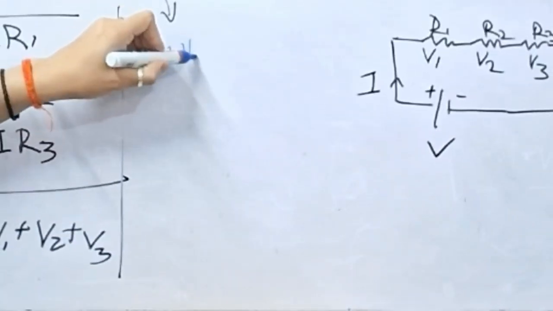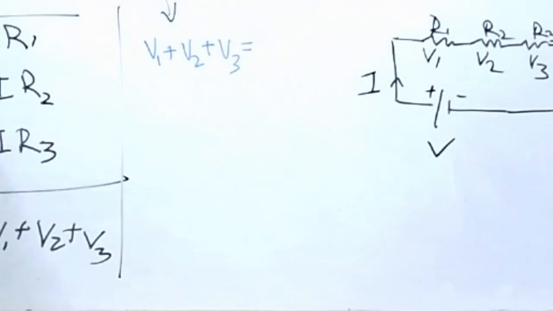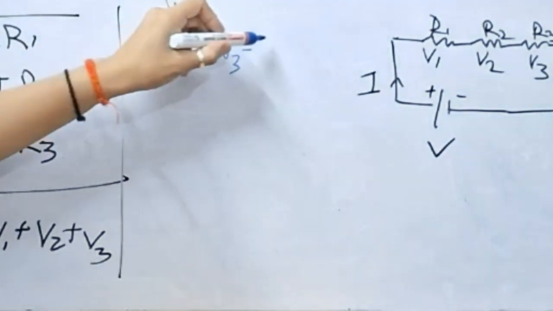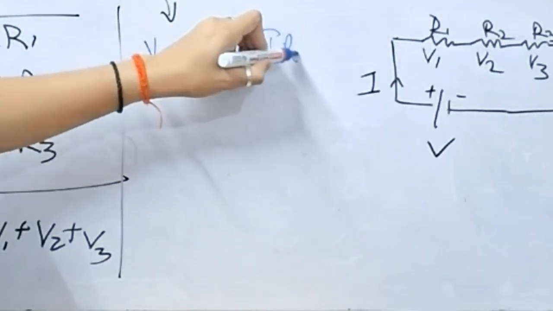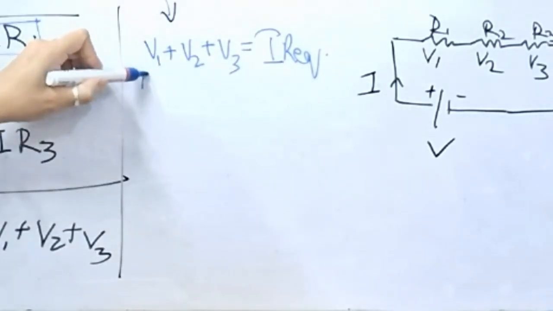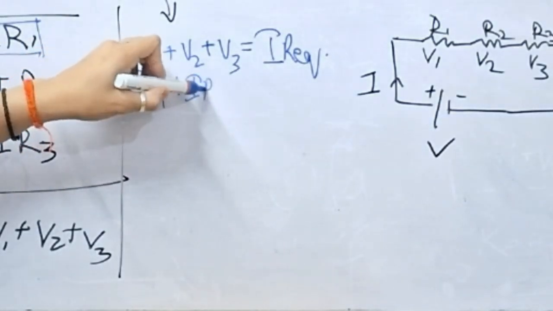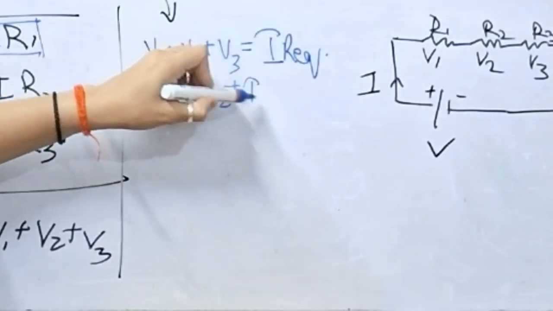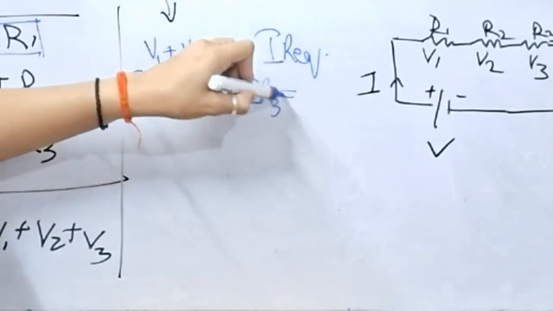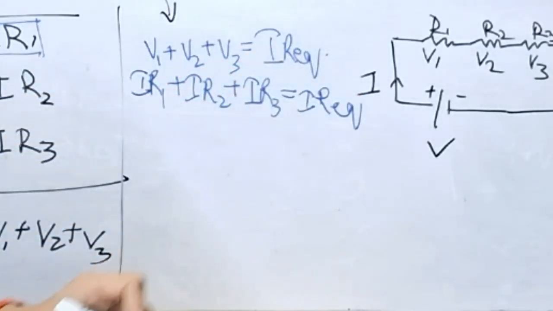V1 plus V2 plus V3 is equal to I R equivalent, right? Now from Ohm's law, V1 is equal to I R1, V2 is equal to I R2, and V3 is equal to I R3.